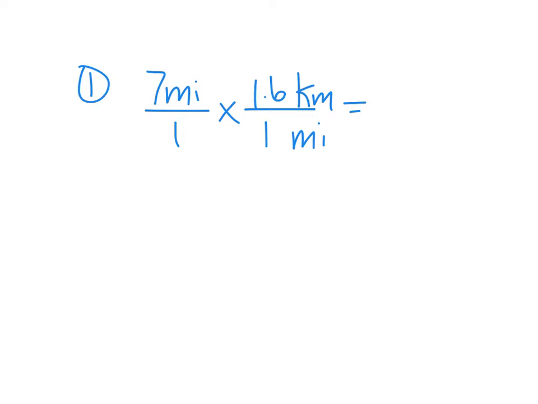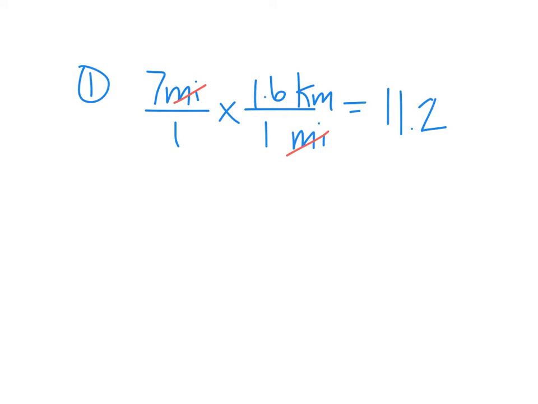Now we just multiply straight across. 7 times 1.6 would be what? 11.2. And what am I labeling it?